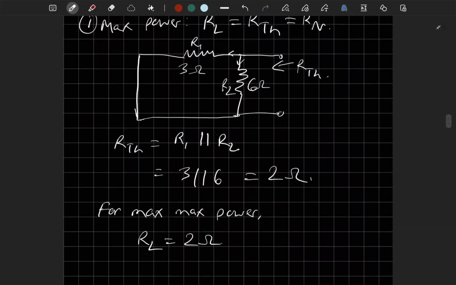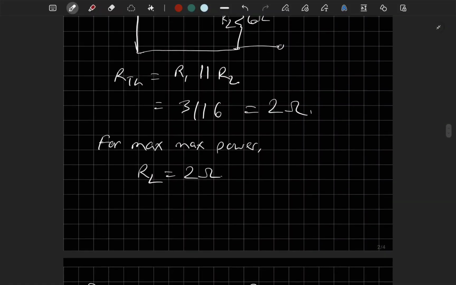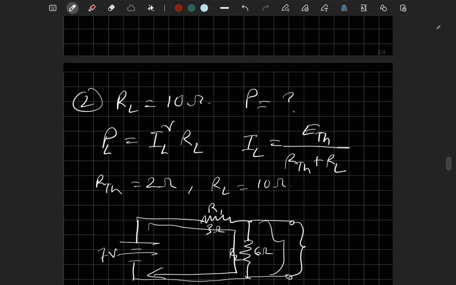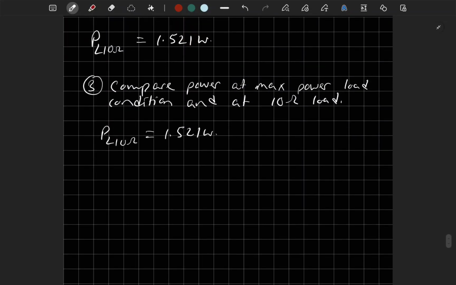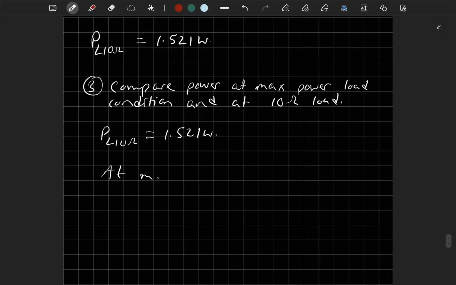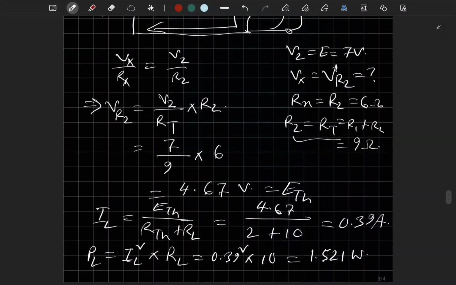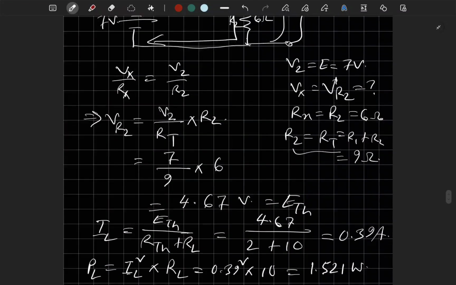And in question number 1, we found that for max power, we'll have RL as 2 ohms, right? RL equals RTH, which is 2 ohms. So at max, RTH is equal to 2 ohms, RL is equal to 2 ohms, okay? And ETH is the same, since we are doing it on the same circuit, 4.67 volts.